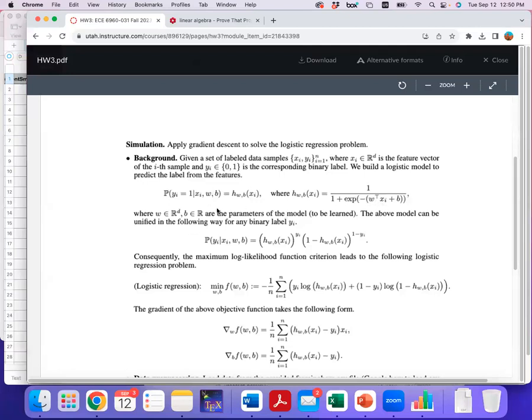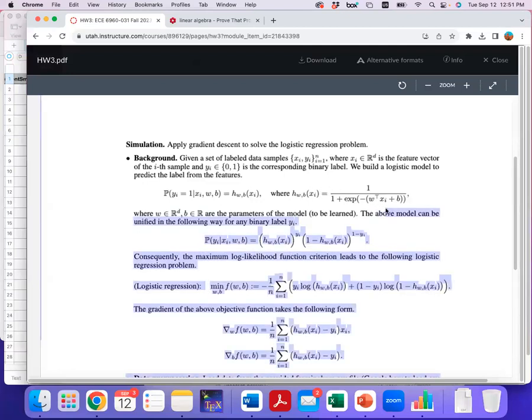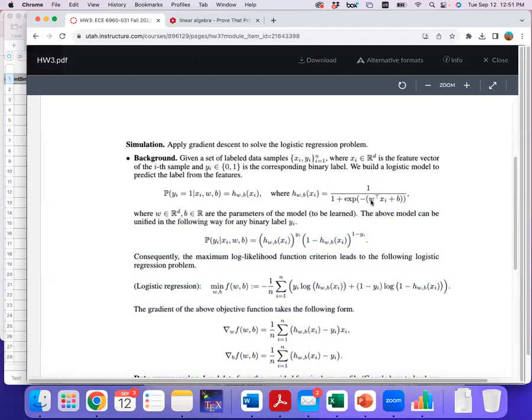Given Xi and the parameters W and b, it will calculate this h. This h_{W,b}(Xi) is defined as 1 over 1 plus exponential of negative (W transpose Xi plus b).